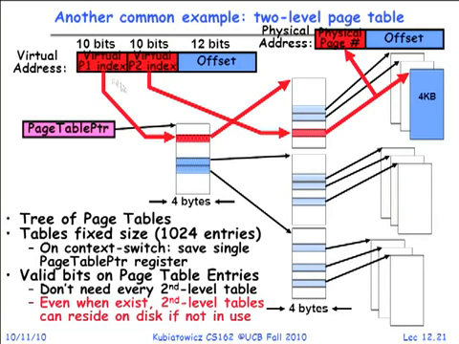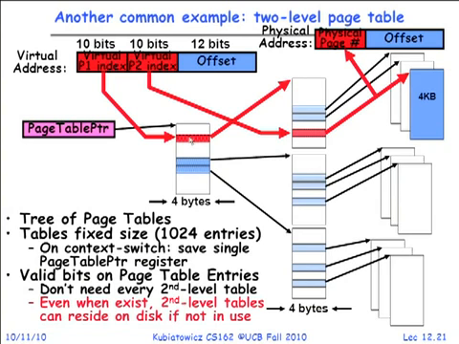Now, let's look at some pros of this. You only need to allocate as many page table entries as you need. So notice, by the way, let's talk about Unix with stuff at the bottom and stuff at the top. What's cool about that is we only have to allocate valid page entries here, and the rest of all of these could be invalid. Then we would have stuff at the bottom of the address space and stuff at the top of the address space, and we don't have to waste any page table for the middle, just by marking things invalid.